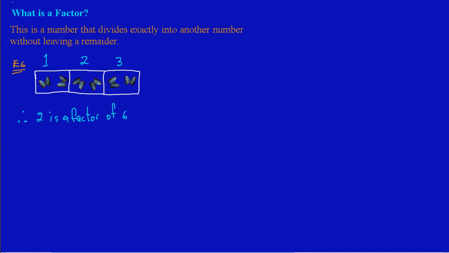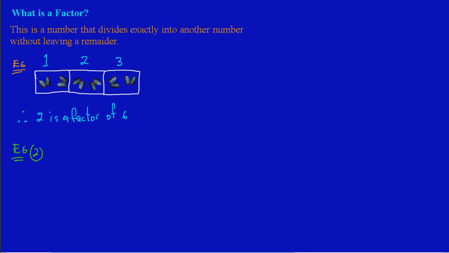Now let's look at another example quickly just to reinforce what we're talking about. Let's say in this case I had 12 stars. This is example number 2.